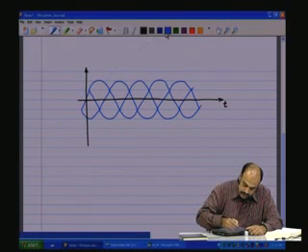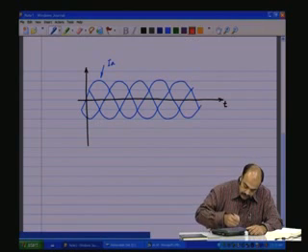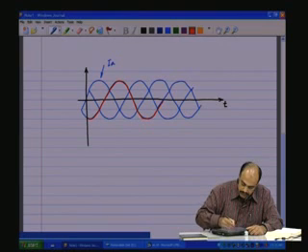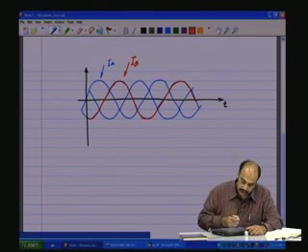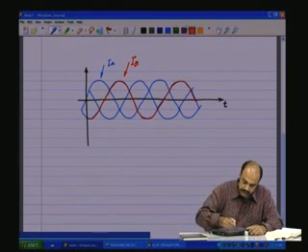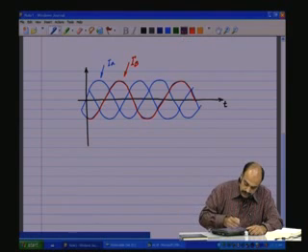So blue is the A phase, and let me call that as IA. 120 degrees phase shifted would be our B phase, and I will use the red color for that. So that is our B phase current IB effective value, and then the C phase current is given by the violet.